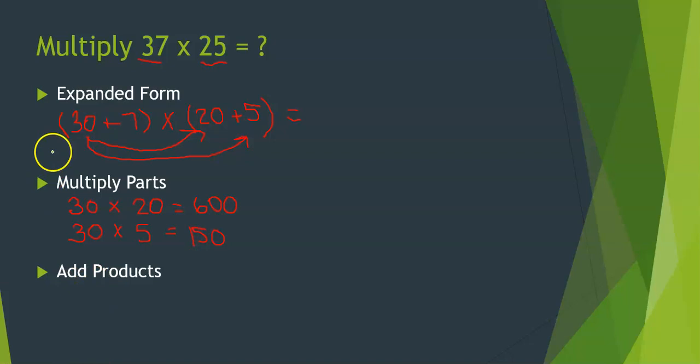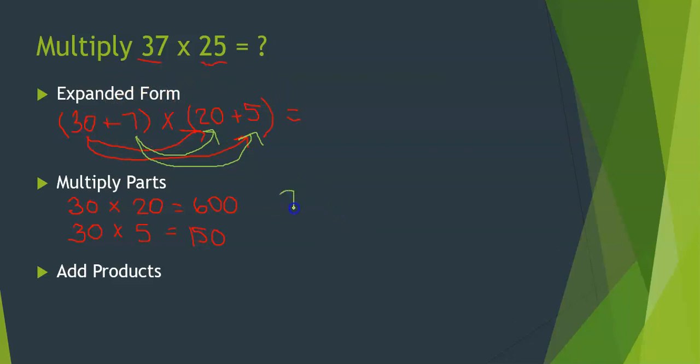And then I'm going to have to go back and start over. And this time I'm going to say 7 times 20 and 7 times 5. So I also have to add this in step 2. So I multiply 30 times each expanded form of 25, and then I have to multiply 7 times each expanded form of 25.